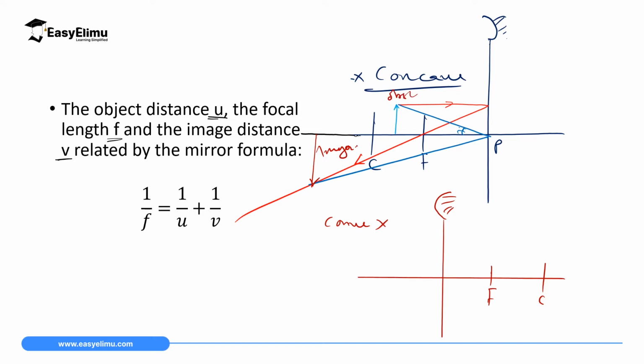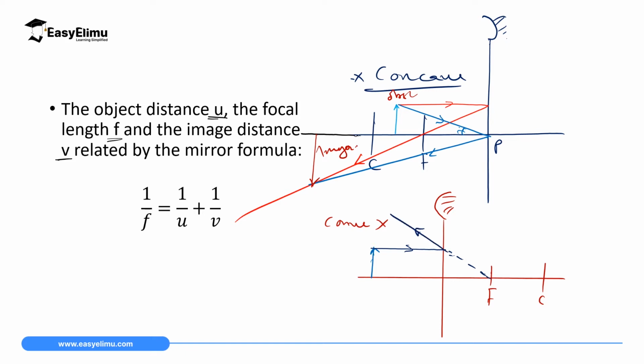Now if we have an object on this convex mirror, we can use the two rays that we discussed. The first ray is parallel to the principal axis. This ray will appear to have emerged from the point F. If I draw that, it will appear to have emerged from this point here. Since it only appears to emerge from that point and does not really do so, we draw dotted lines, then this ray will be reflected like that.